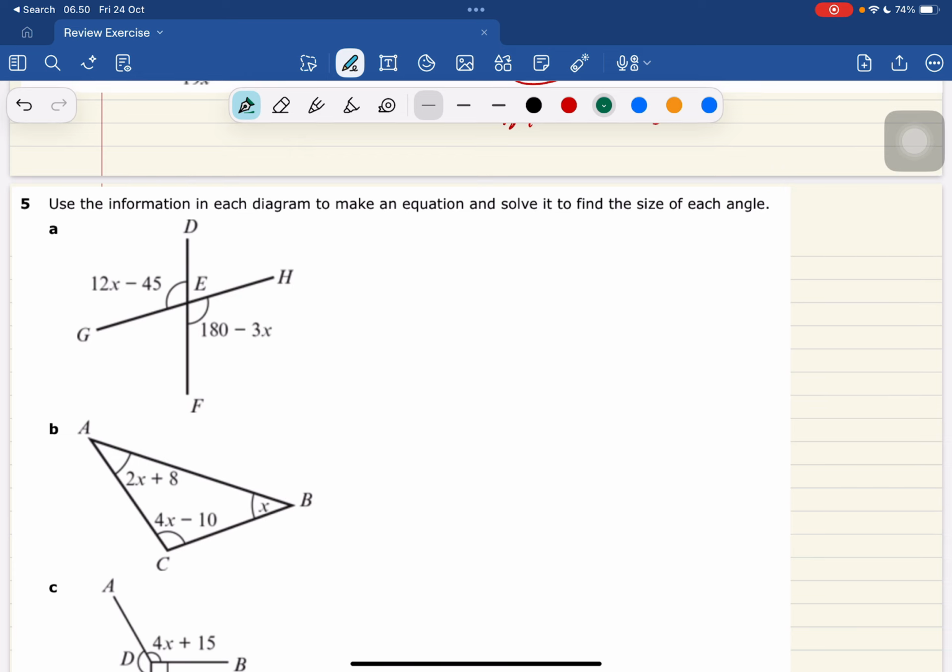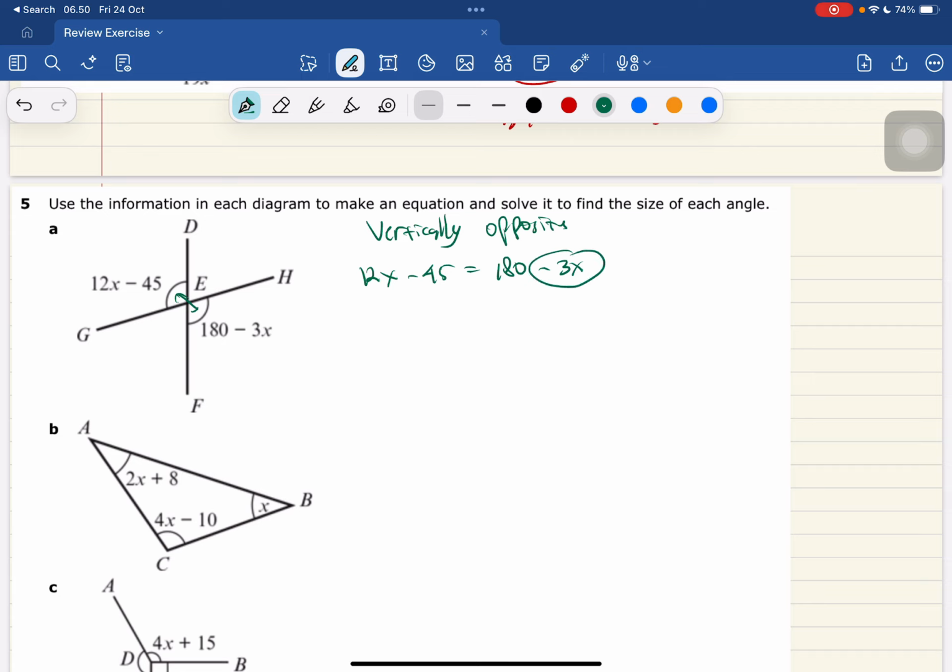Number 5. Use the information in each diagram to make an equation and solve to find the size of the angle. Look at it. This is vertically opposite. So 12x minus 45 equal to 180 minus 3x.